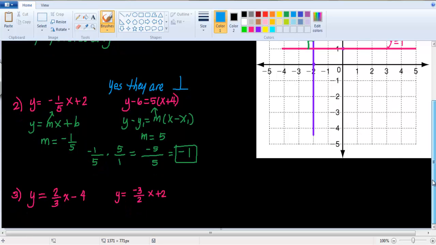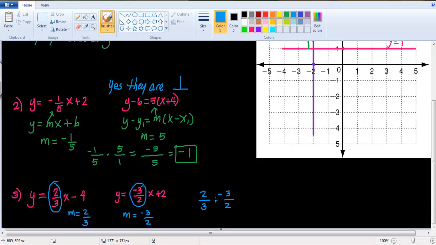Okay, and here's one last example. These two equations. I want to know if they are perpendicular, these lines. So let's look at the slope. The slope for this one is 2/3, so m is equal to 2/3. The slope for this one is -3/2. Let's multiply them together and see if we get -1. So I get 2/3 times -3/2.